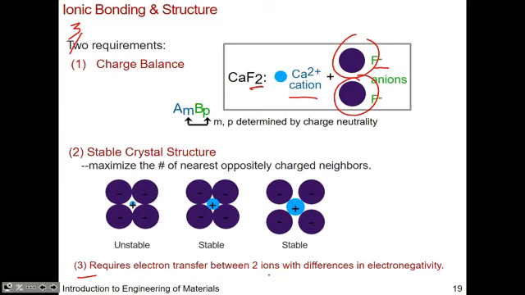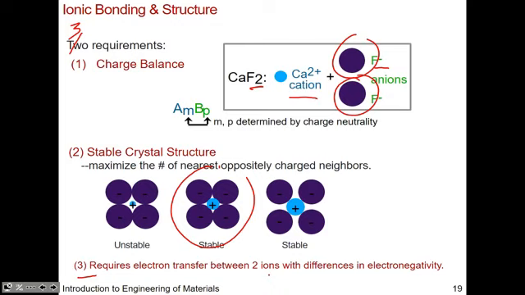The crystal structure also needs to be stable, so depending on the ratio of the cation size as well as the anion size, so the radius of each of the ions, you can have unstable coordination numbers and stable coordination numbers, and there's a range of that. Depending on that ratio, you can have 2 neighbors, 3 neighbors, 4 neighbors, as you see here.